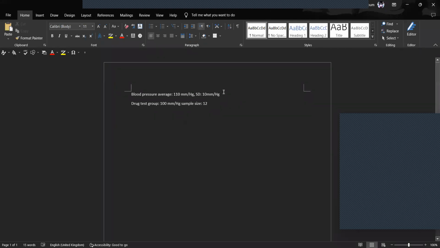And so what we can do is first of all, we'd have to find the standard error of the mean. And what that means is that we have our population.